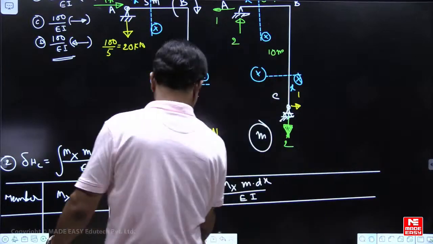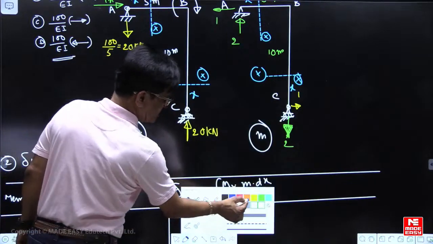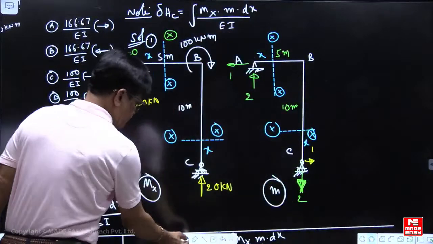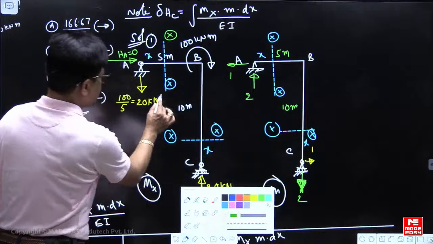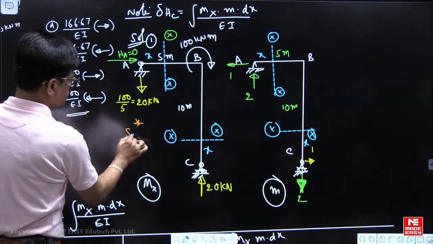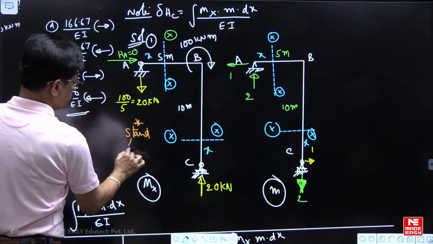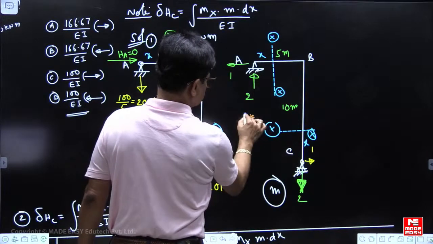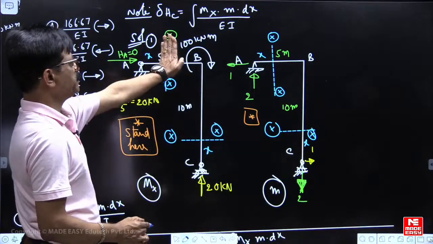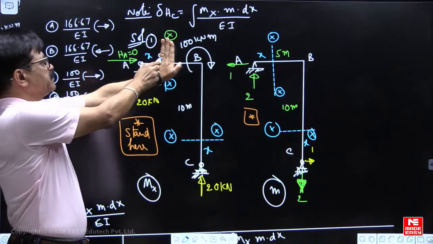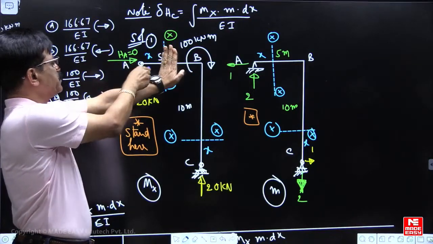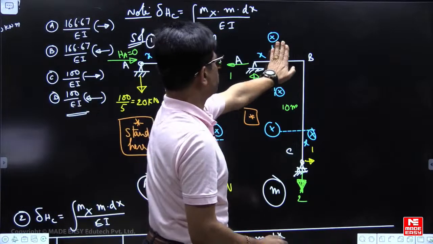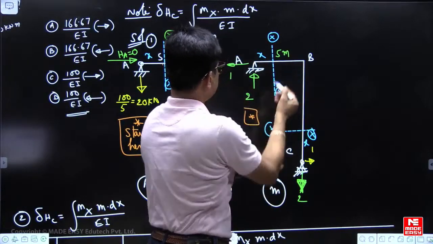Only 20, otherwise we will write here. This is for the newcomers, we will stand here. Stand here means stand here, look left. Section XX. Only HA already 0, only 20 is there. Minus 20 into X. Come here, plus 2 into X.